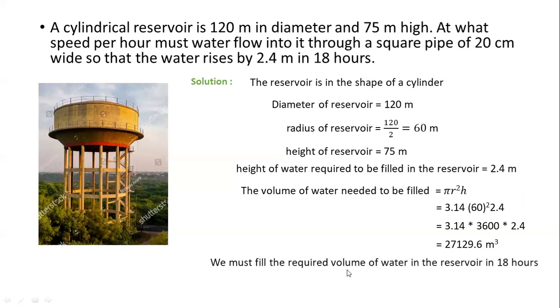We must fill the required volume of water in the reservoir in 18 hours because that is the time allotted. We have got only 18 hours to complete our work. So the volume of water in 1 hour will be this volume divided by 18, that is 27,129.6 divided by 18, which is 1,507.2 meter cube of water to be filled in 1 hour.